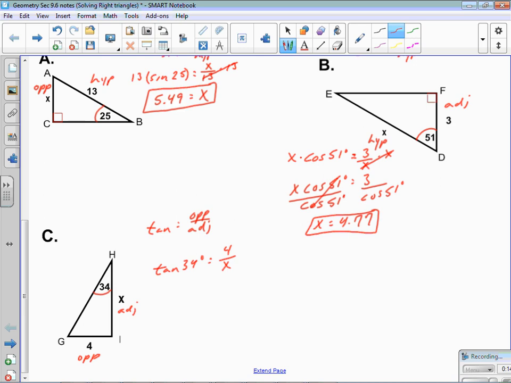And go to the process to solve for x. So x is in the denominator. Multiply both sides by the x. So x times the tangent of 34 degrees equals 4. And then to solve for the x, we divide by the tangent of 34 degrees.